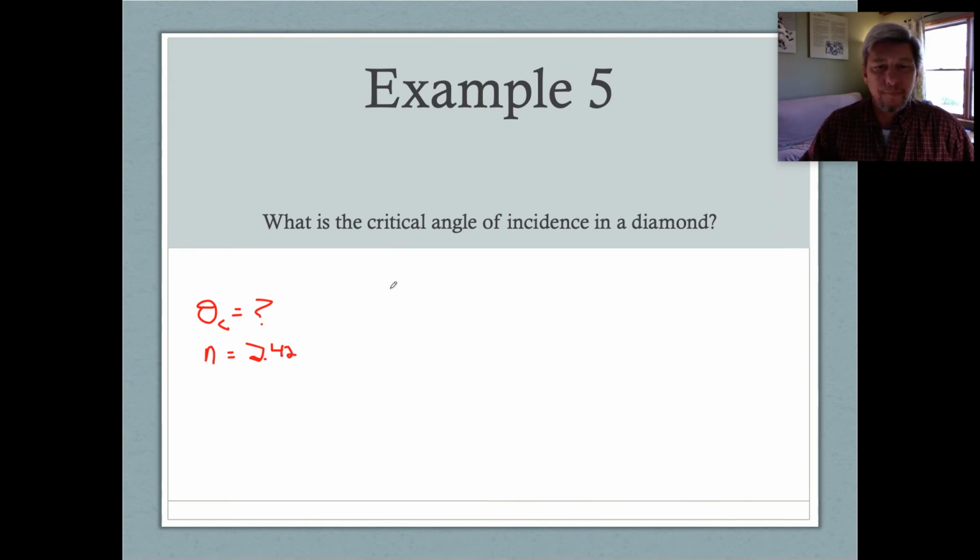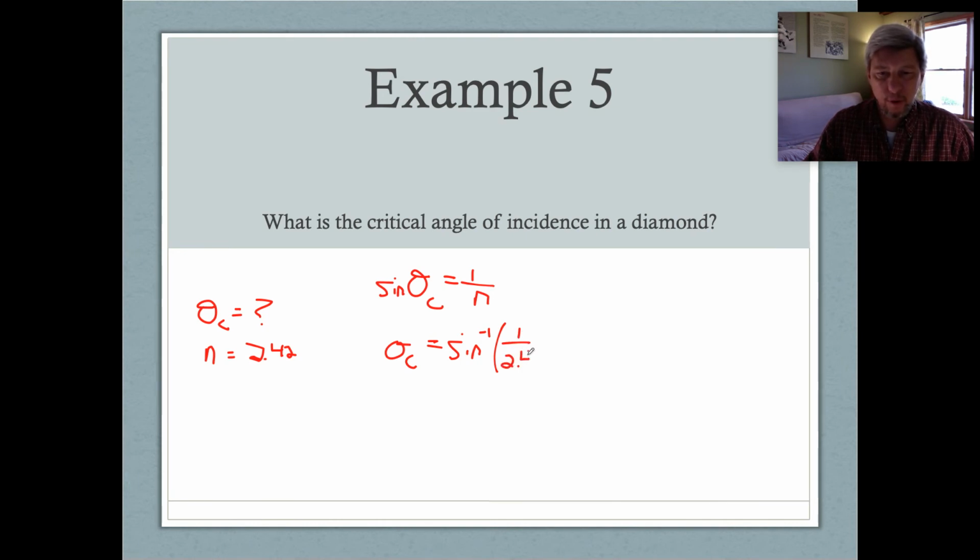All right, and so the sine of the critical angle is equal to the inverse of the absolute index of refraction. Therefore, the critical angle is equal to the inverse sine of 1 over, in this case, 2.42.